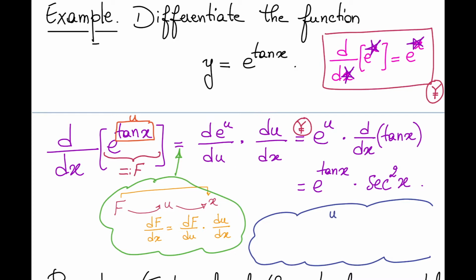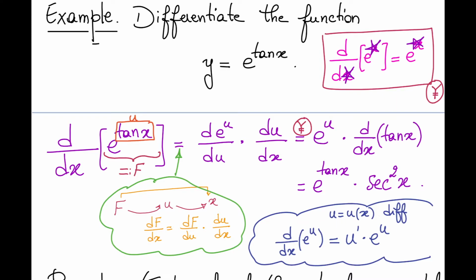So if you have a differentiable function u in terms of x, then what we discovered is that if you differentiate e^u with respect to x, then what we get is u prime times e^u, right? It's right there. e^u times u prime. This is u prime. Or equivalently, u prime times e^u.